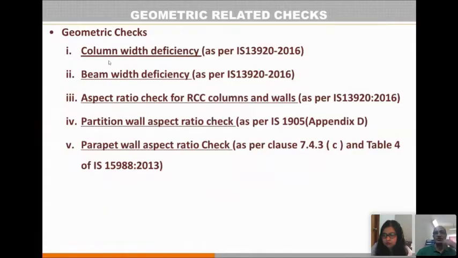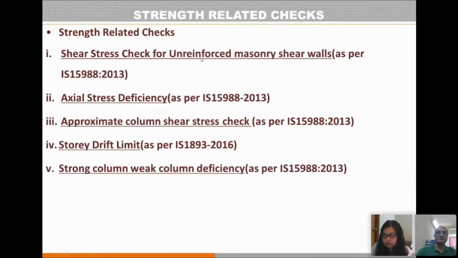If you have the details in the drawings, they need to be verified at the site, and these issues should also be verified based on your analysis. Mostly the strength related checks include the shear stress checks, axial stress deficiency, appropriate column shear stress, then drift, and the deficiency in the column.